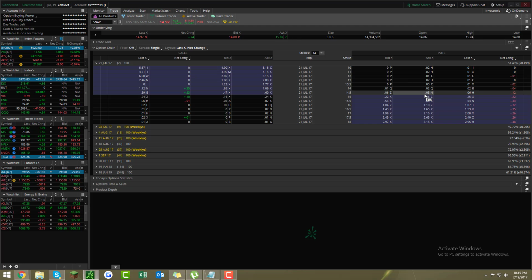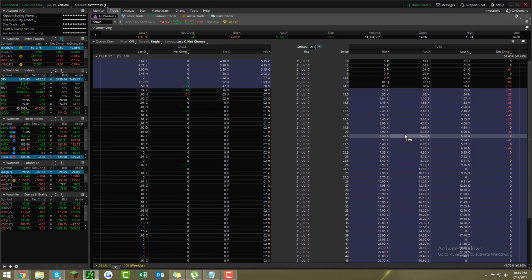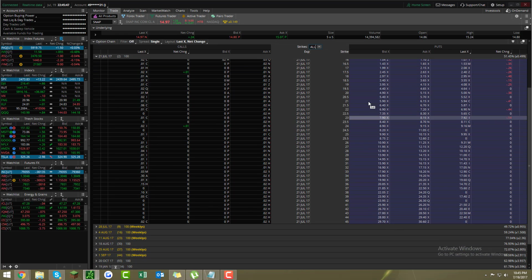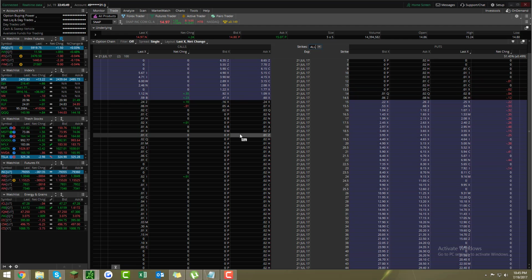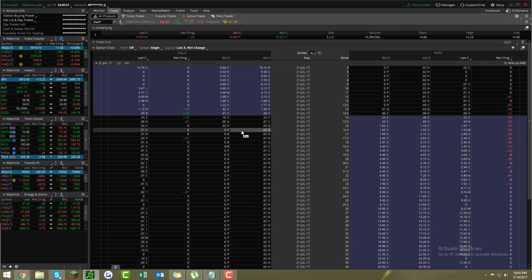If it goes down to 15.50, it might go down to 14.50, and then you'll have in the money. Looks like they're not that expensive here. They usually do get expensive right around there. But I would not be on the call side whatsoever here.